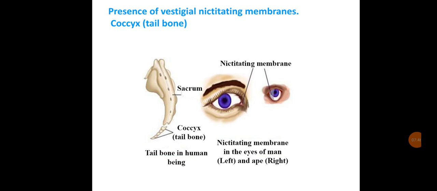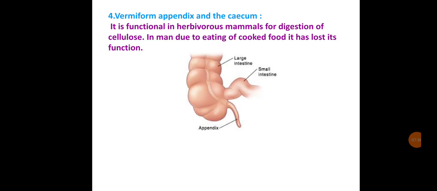Here this diagram shows the vestigial organs present. They do not have any function but still they are present. Vermiform appendix is functional in herbivorous mammals for digestion of cellulose. In man, due to eating of cooked food, it has lost its function.